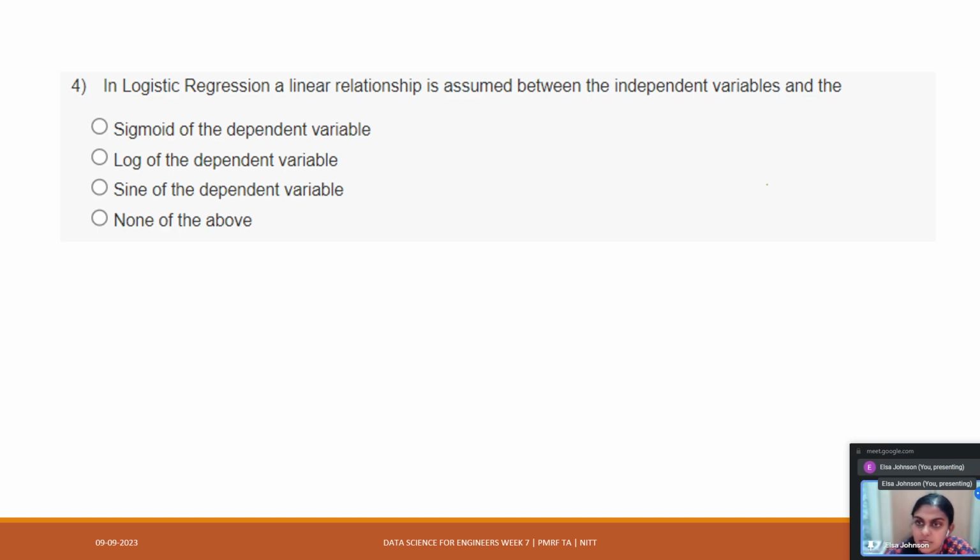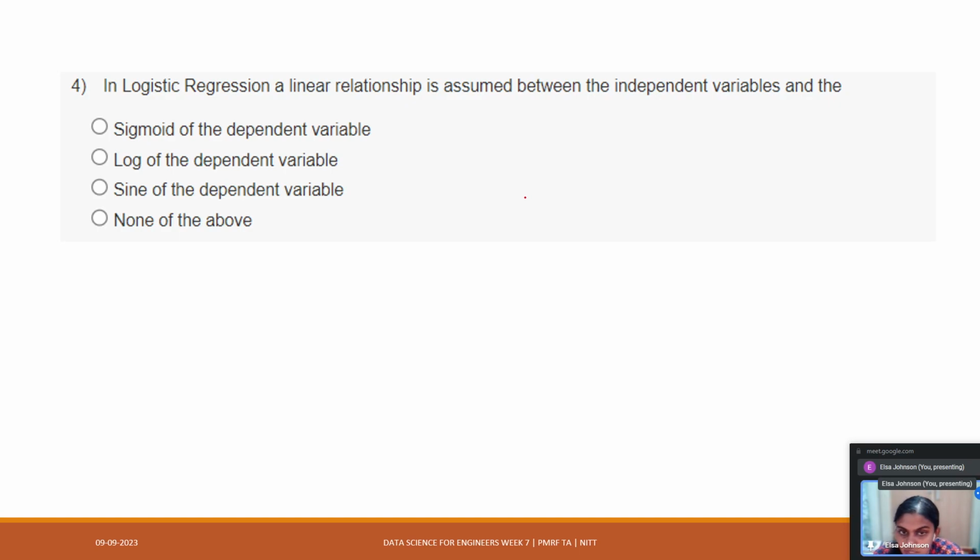otherwise next question. In logistic regression, a linear relationship is assumed between the independent variables, and so we are doing an assumption in logistic regression. We are assuming a linear relationship between, okay, there is one simple catch in the question.